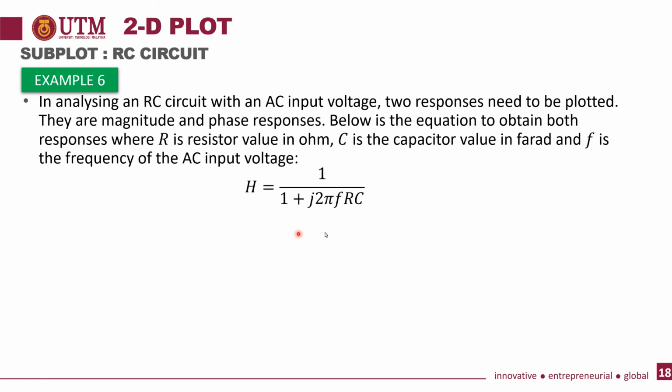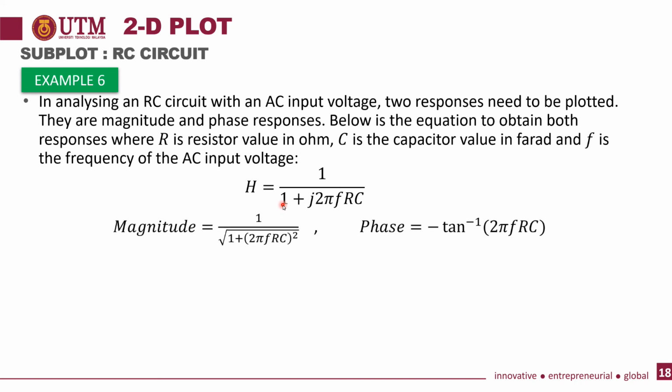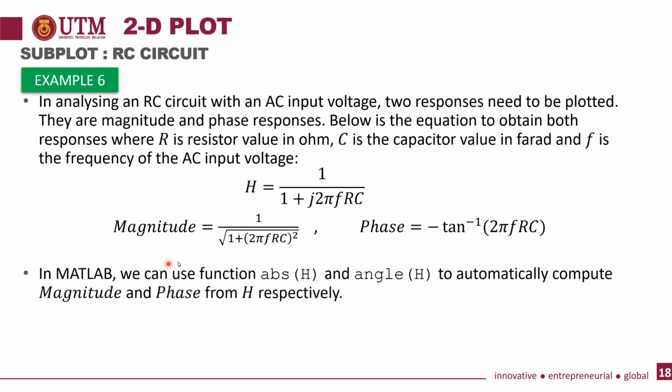You see here, we have a total of three different equations. In MATLAB we can use the functions abs(H) and angle(H) to automatically compute the magnitude and phase from H respectively. For these functions, you can refer to the MATLAB documentation on how to use abs and angle.